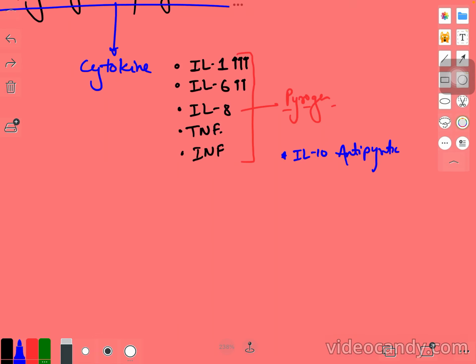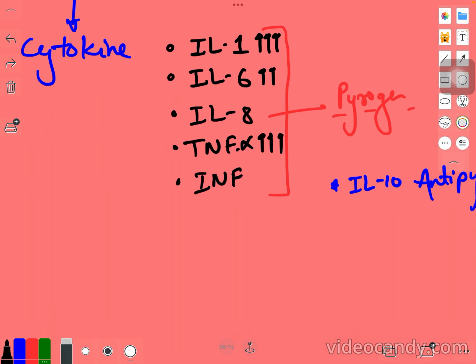Then TNF alpha also has very high power to cause fever. Interleukin 6 has a moderate, right? So again, the most important one among all of them is interleukin 6.